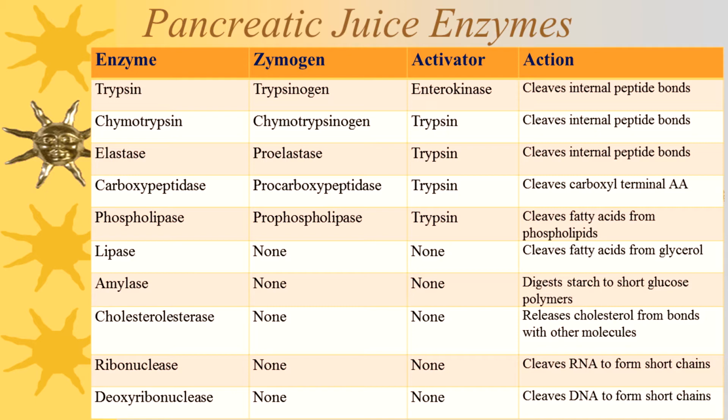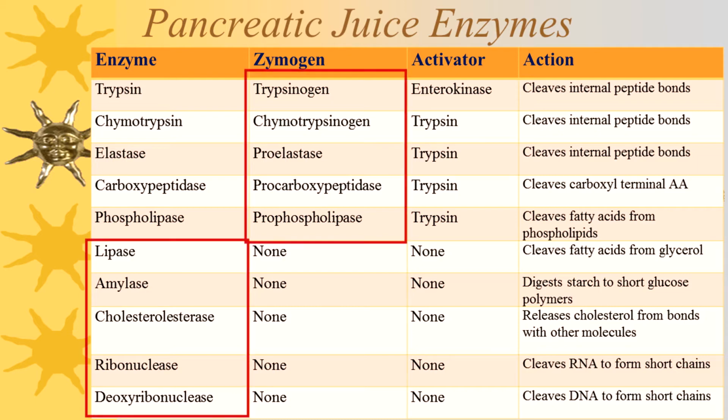So just to make sure we have the definition correctly, if you're walking through the mall and somebody comes up and asks you for a list of what is secreted in the pancreatic juice in the way of enzymes, this is the list.